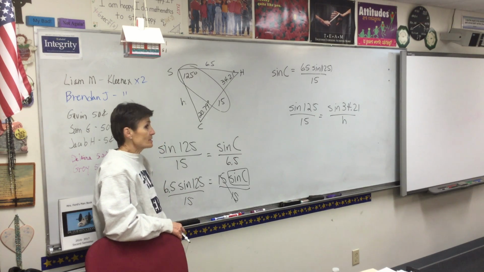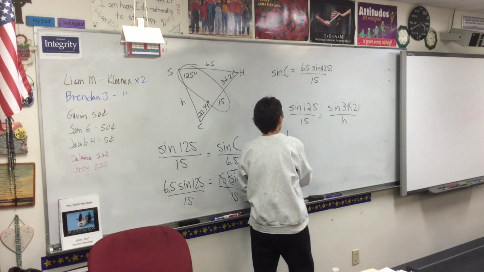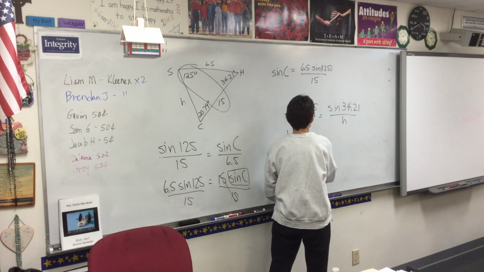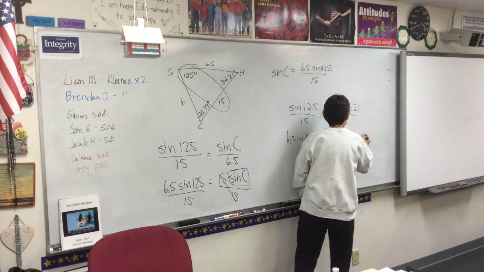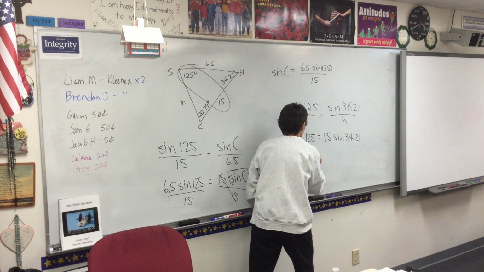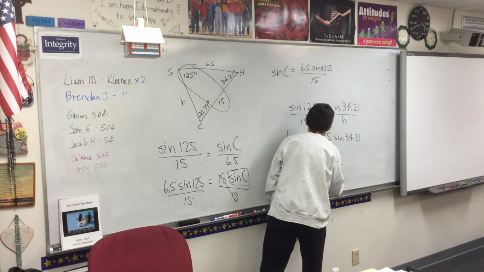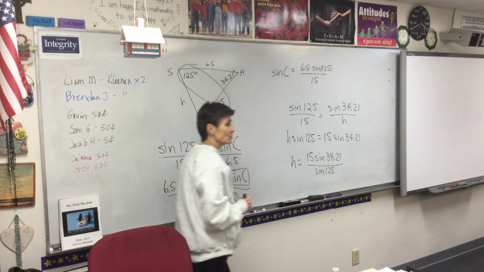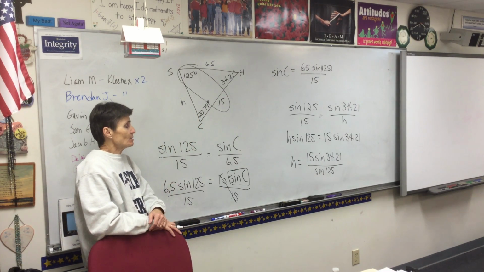The good news is we always solve them the same way. We're going to cross multiply. So H sine 125 equals 15 sine 34.21. Am I going to have to be doing any second sine in this problem? Will I do second sine this time? No. What is the only time I do second sine?